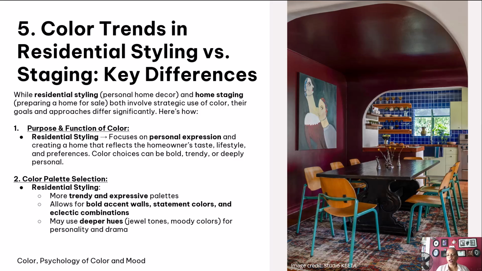And I love this space. I love a dark red room, and the blue behind it I think really pops, and the wood accents pulling from the kitchen to the dining room chairs. It's pretty cool. Whereas in staging, you may have a bold accent wall. I'm not even really that excited about that.